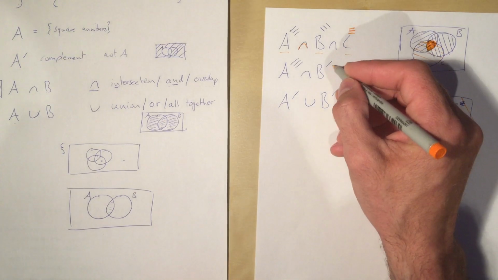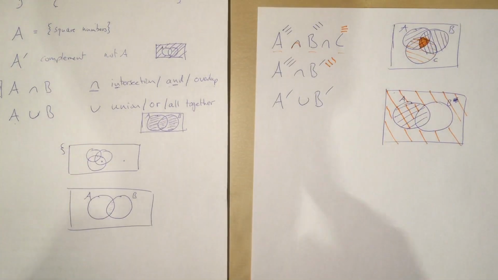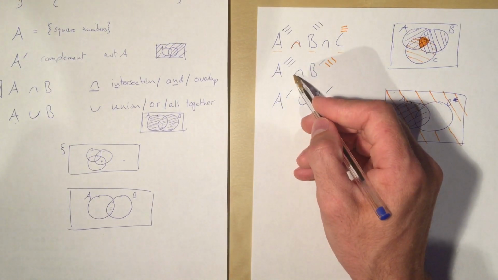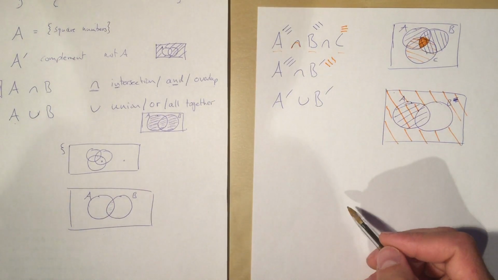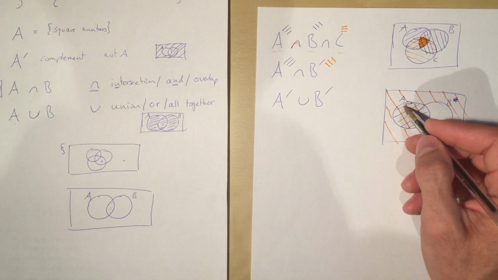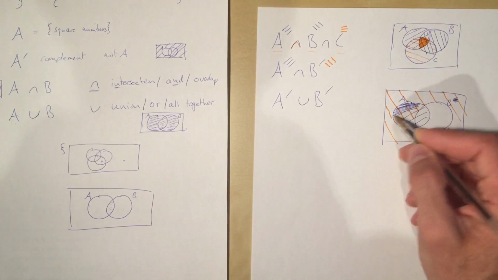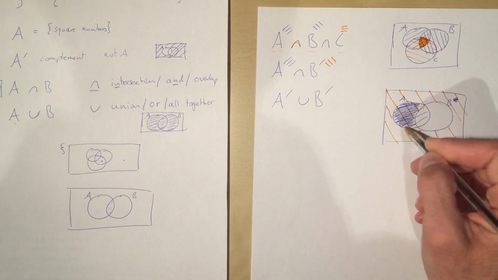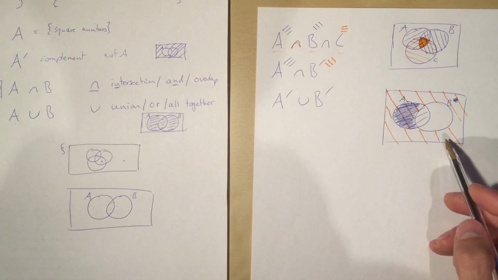So B dash, I've coloured in orange. Intersection means the overlap, so only where those things are overlapping. So now that bit there is A intersection B dash.